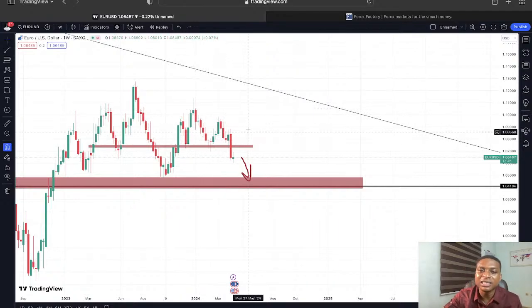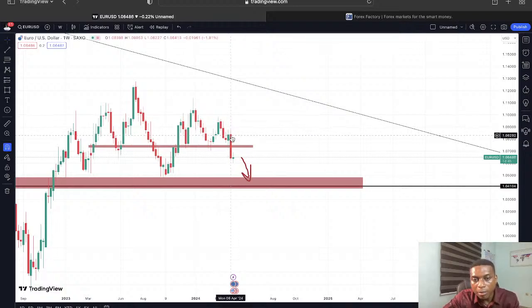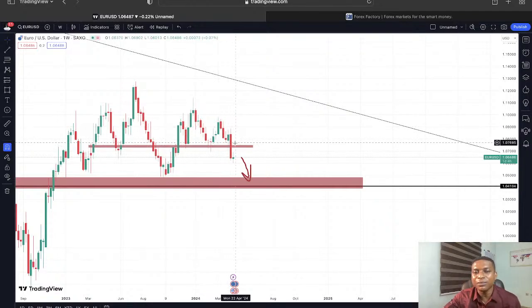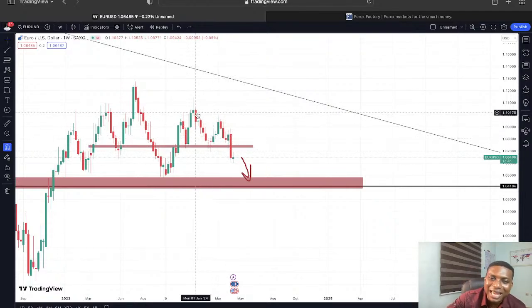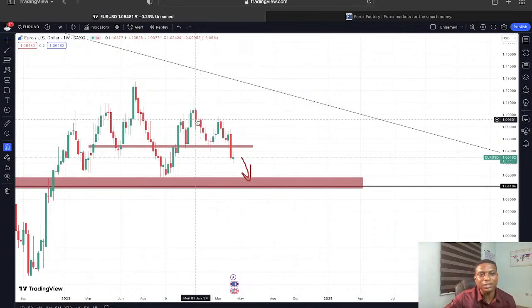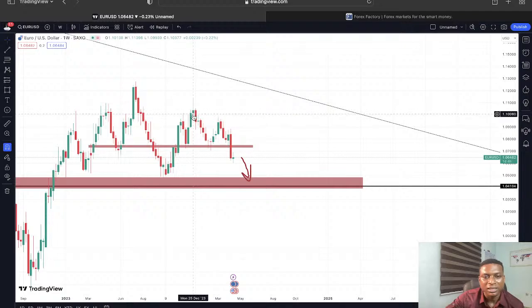Now this is the same thing playing out, seeing price breaking out of this support zone with a very strong bearish engulfing candlestick, closing far below the past 10 weeks. Let's count it: 1, 2, 3, up to 22.